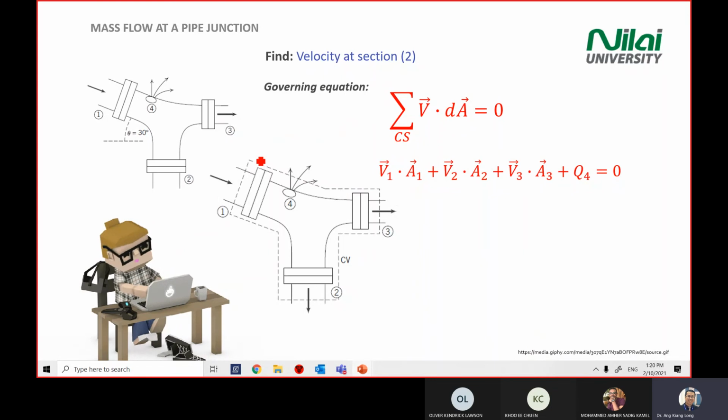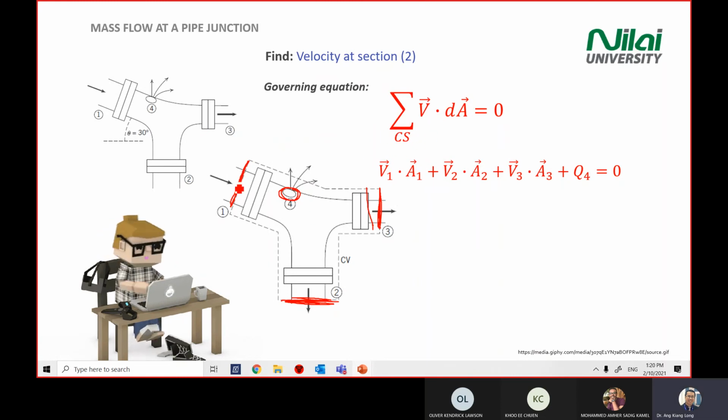Yeah. So how many surfaces do we have here? We have 1 surface, 2 surfaces, 3 surfaces, 4 surfaces. So by drawing the control volume, you know that you can focus on the faces of the system.